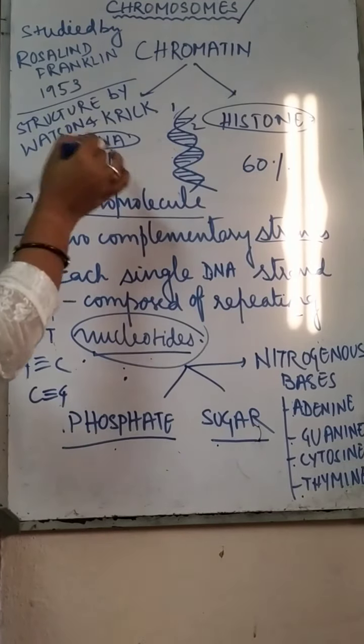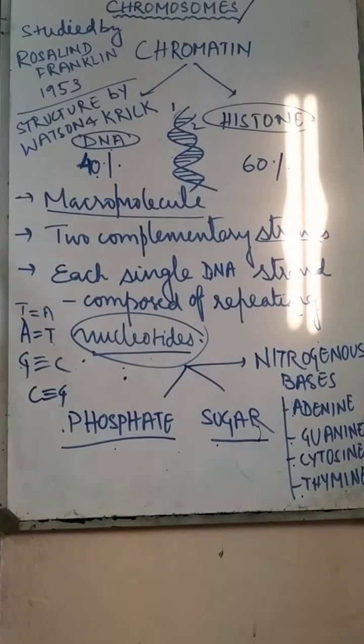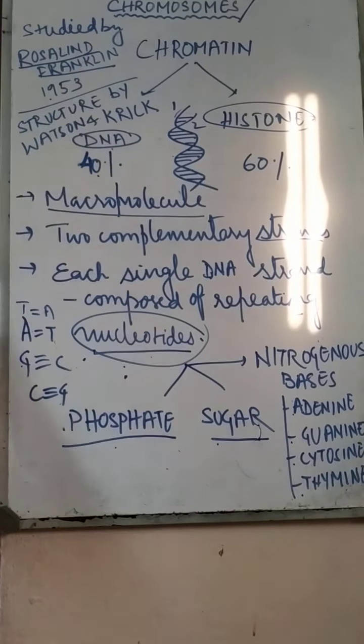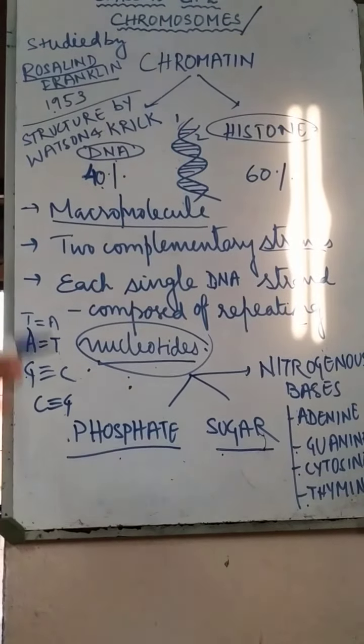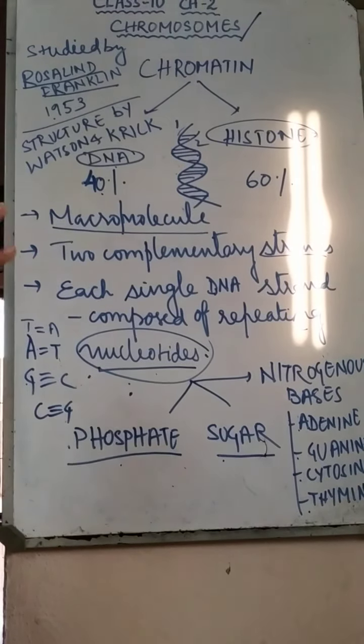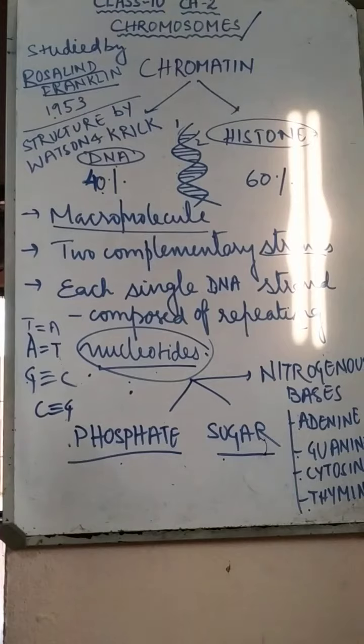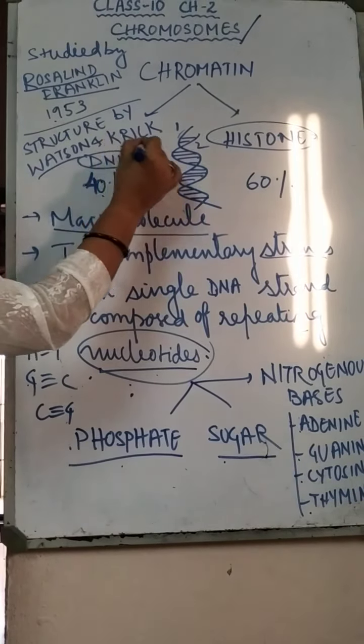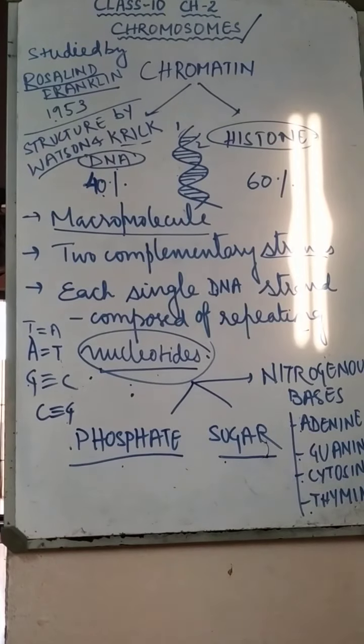DNA was first studied by a scientist called Rosalind Franklin in the year 1953. She only studied it, but the exact structure and every detail was given by two more scientists, Watson and Crick, in the same year 1953.